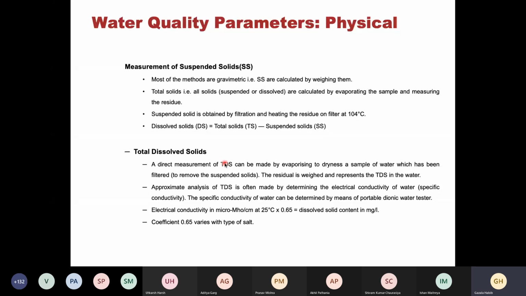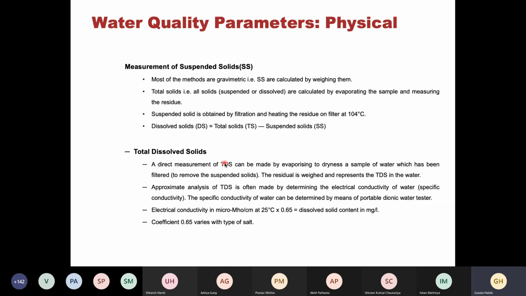Now, measurement of suspended solid, as I said, can be simply done by the gravimetric method by passing the water through the filter, either a fiber filter or sometimes a membrane filter, and whatever solid remains on the filter will be weighed again after drying the filter. When you subtract the pre weight from the post weight, it will give you the suspended solid mass.